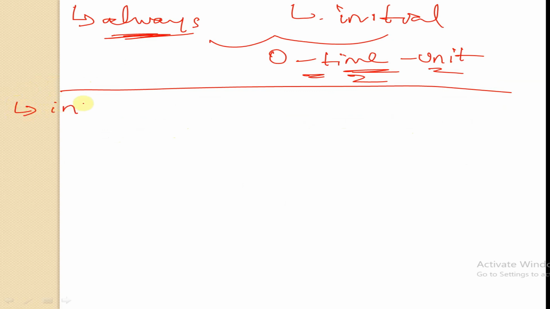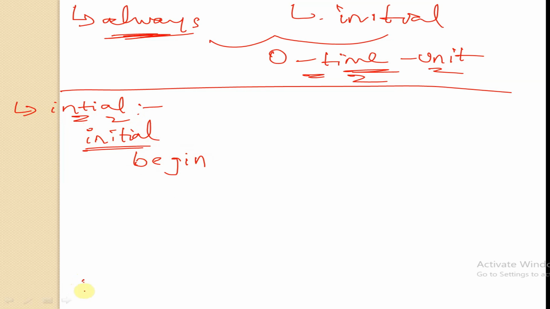The keyword for the initial block is initial, and if there are multiple statements in it, then we use begin end. If there is only one statement written inside the initial, there is no need to use begin end.